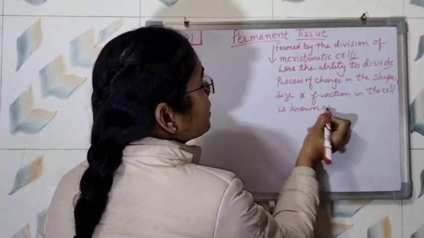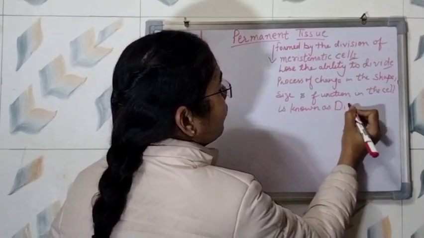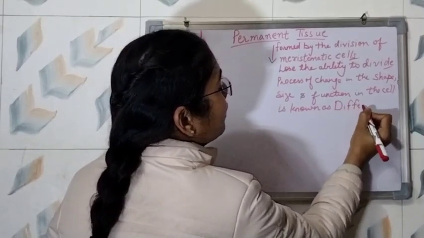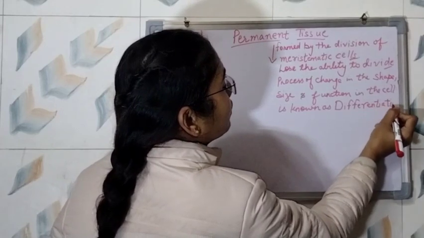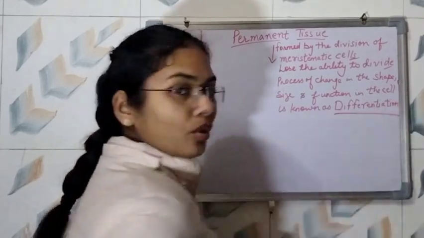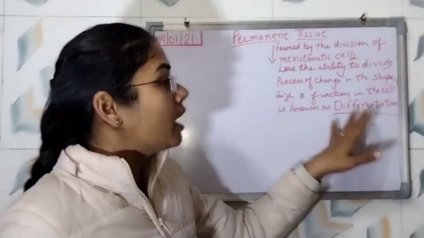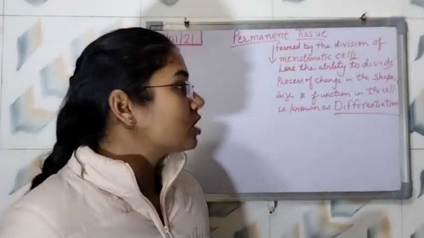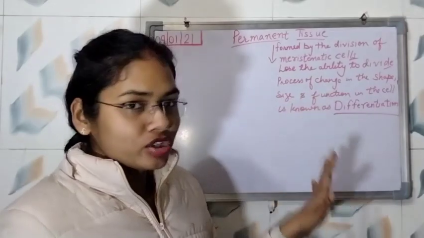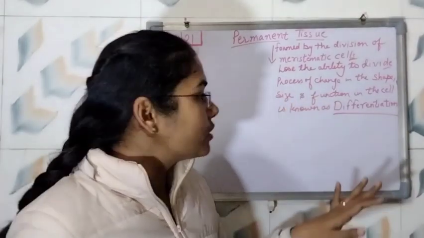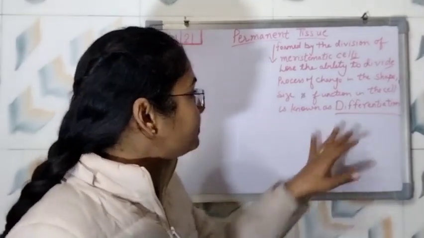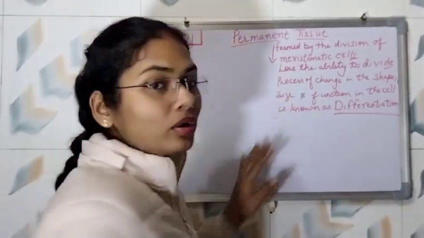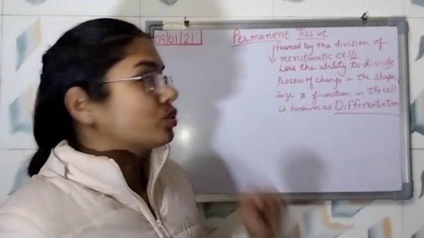It is known as differentiation. What is it called? It is called differentiation. Okay students, so what is differentiation? It is the process of taking the final shape, size, and function in the cell. It is known as differentiation, right? So this is all about permanent tissue.